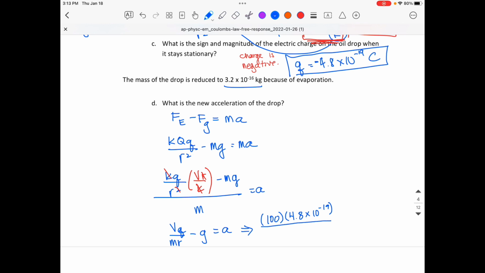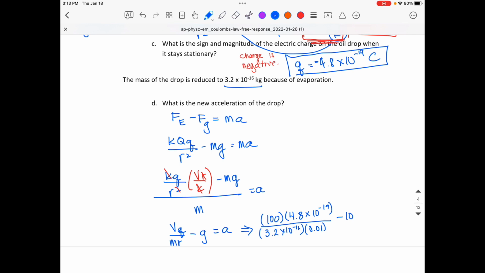The mass was reduced to 3.2 times 10 to the negative 16. The radius is 0.01, and then I'm going to subtract 10 for gravity. One thing to note is that just because the oil drop has reduced in mass does not mean that the charge is reduced.